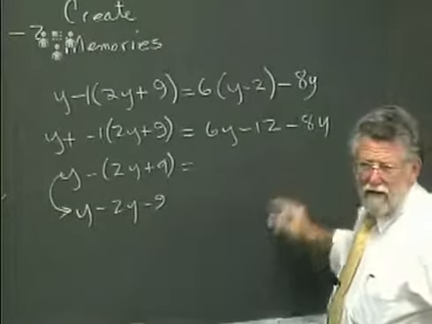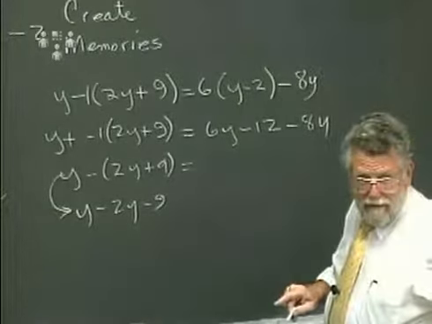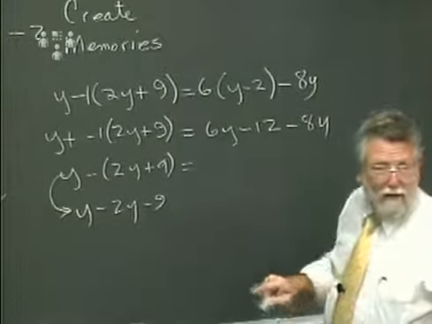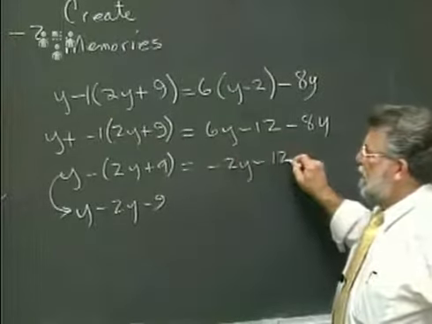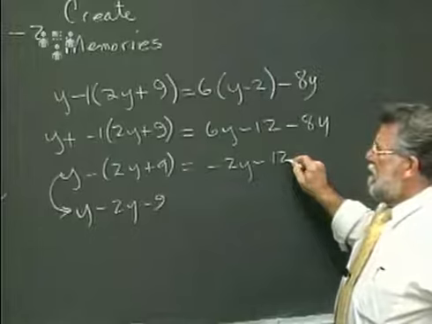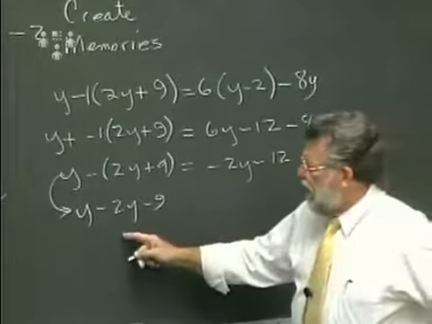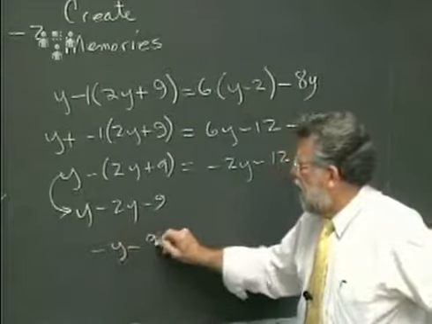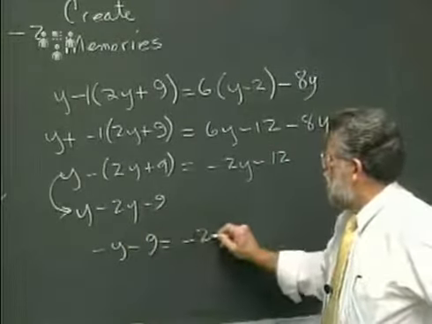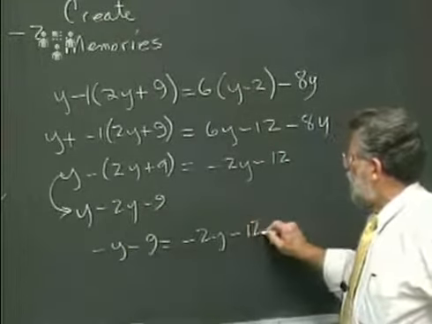Give me the final answer here on the right side. Negative 2y minus 12. Okay, now down here, what do I have when I simplify? Minus y minus 9 equals negative 2y minus 12.